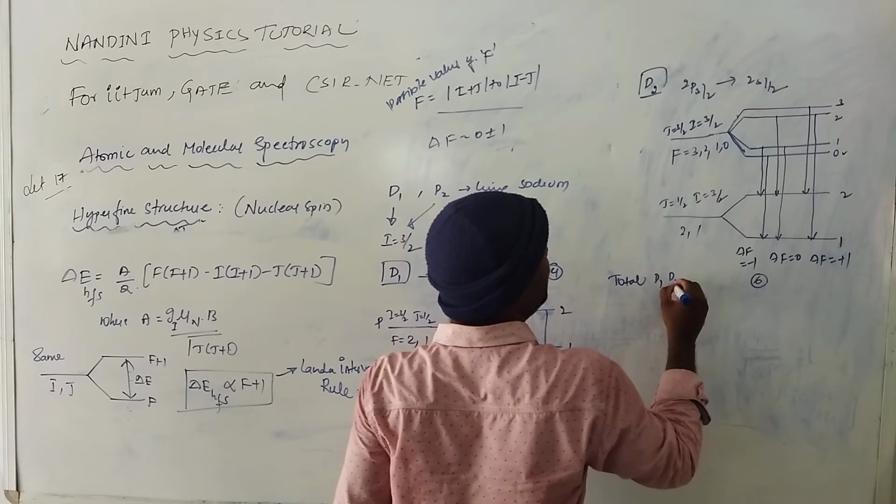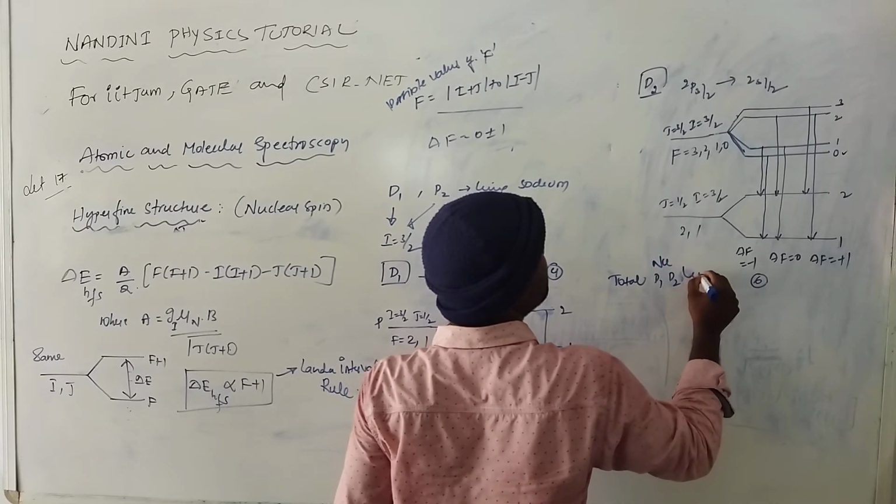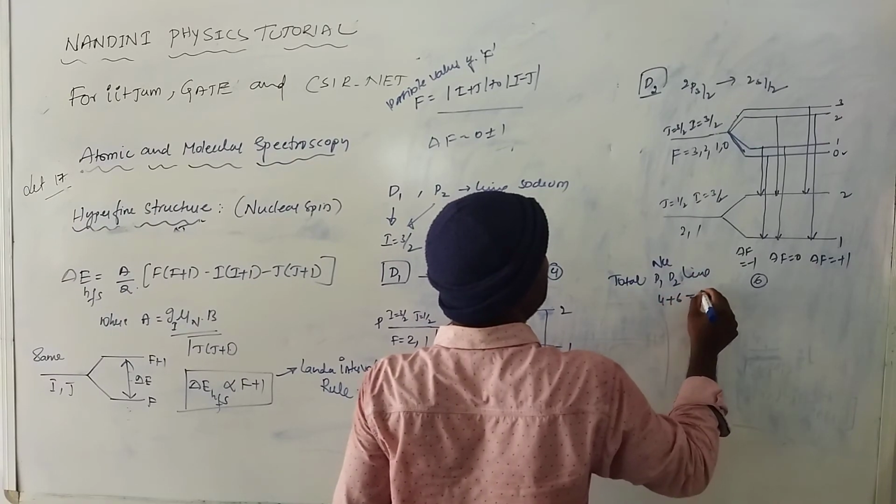So the total for sodium D1 and D2 lines is 4 plus 6, total 10 lines.